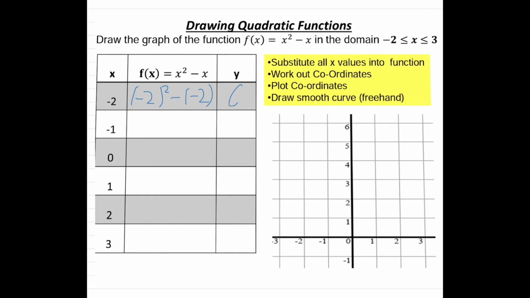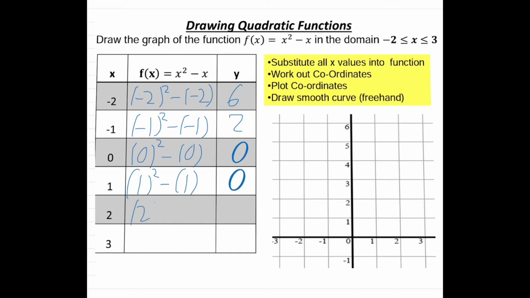That will get us 6 for minus 2, then minus 1 squared minus minus 1 gets us 2. 0 squared minus 0 gets us 0. 1 squared minus 1, that'll get us 0 again. 2 squared minus 2, we have 2. Now 3 squared minus 3 gets us 6.